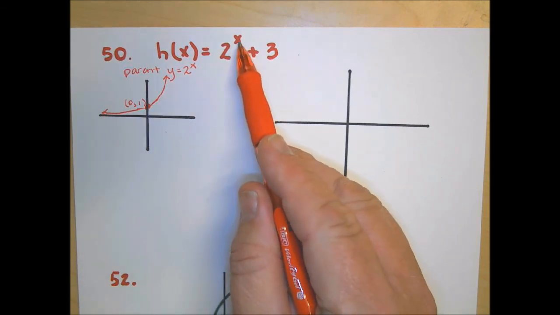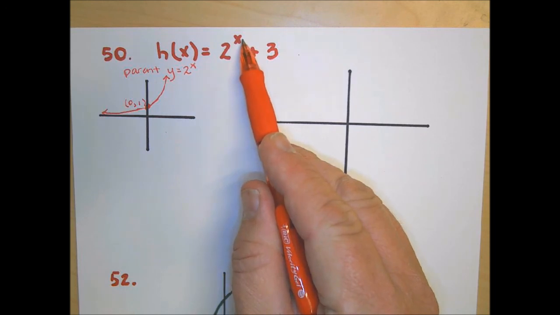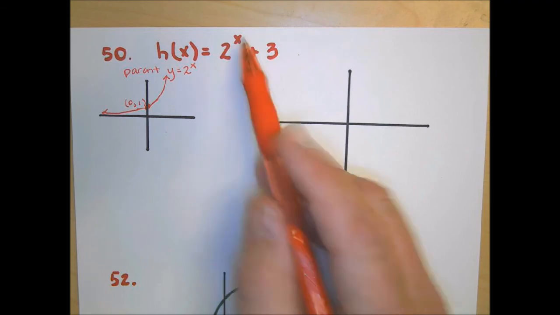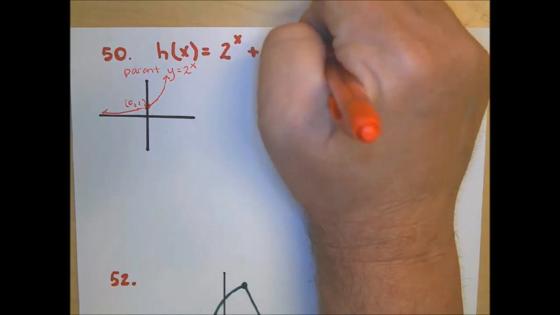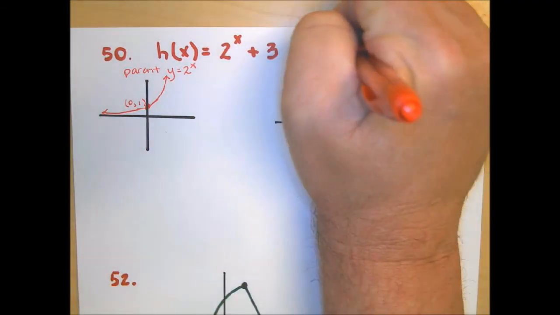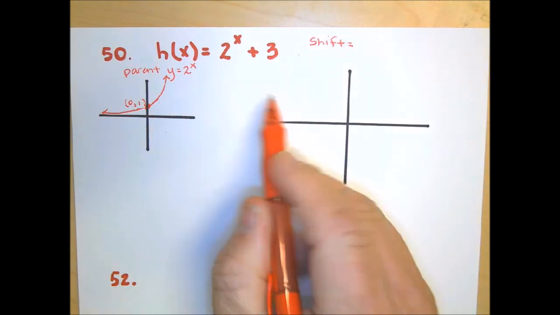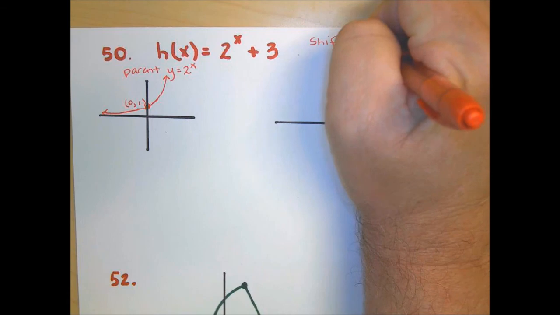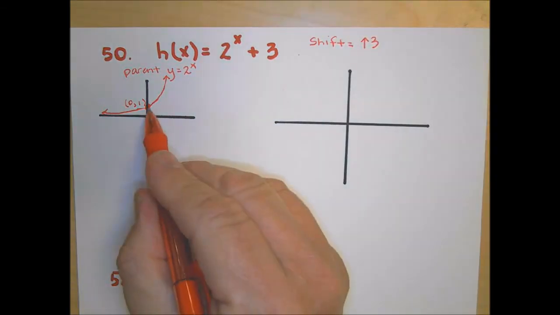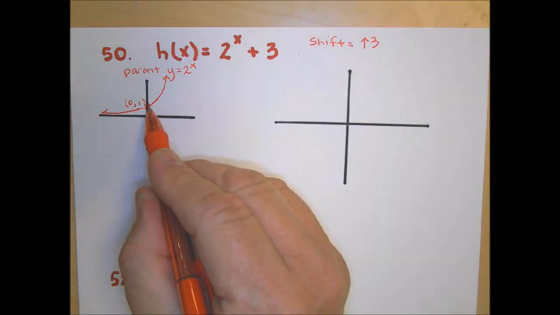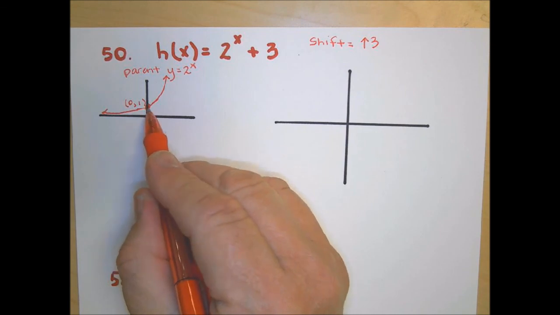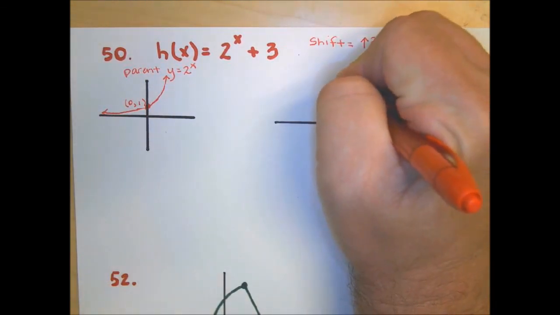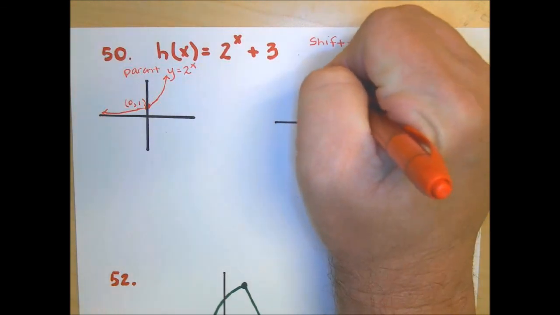Since there's nothing up here with the x, there is no left-right shift. The only shift happening in this function is the plus 3, which means we're going to go up 3. So the key point is going to shift up 3. It isn't going to be 0, 1 anymore. It's now going to be up here at 0, 4.